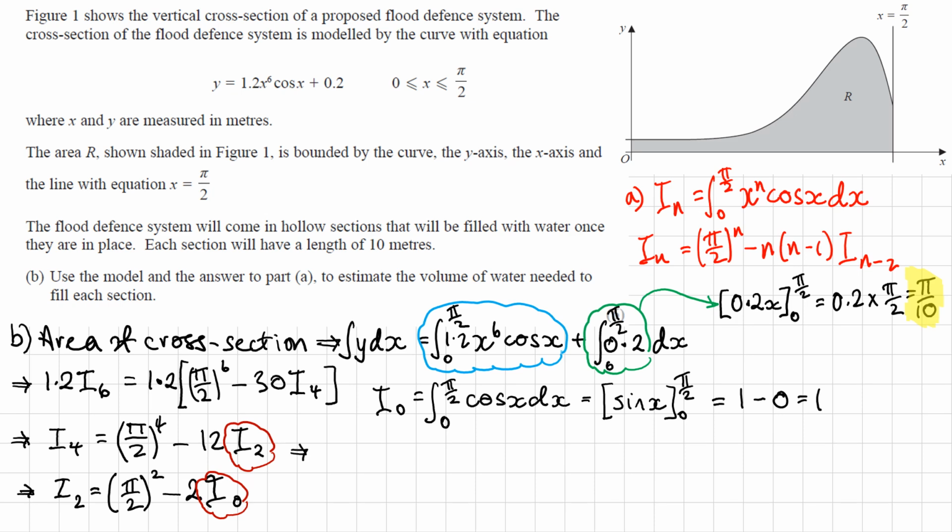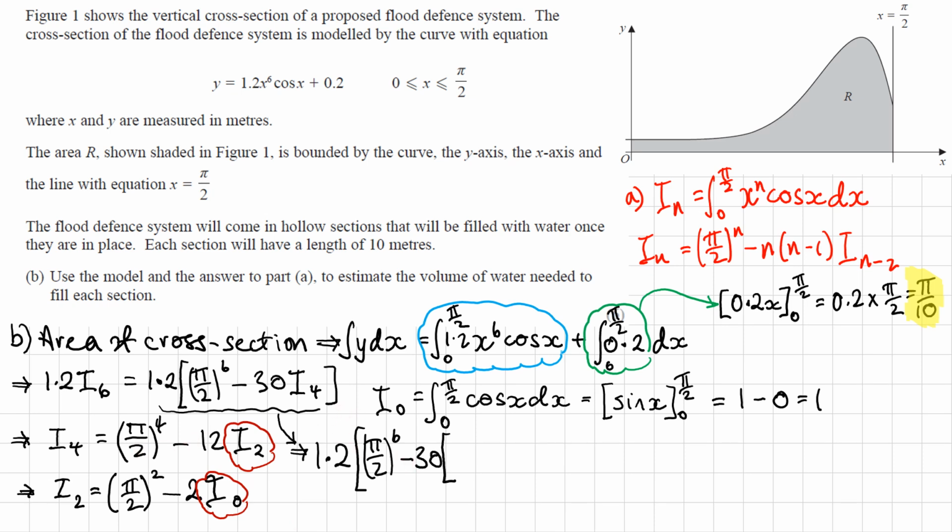Right, so let's put this all together now. So we're going back to this, so let me just draw an arrow. We're taking all these different parts together and seeing what we get. So we've got 1.2 times pi over 2 to the power 6 minus 30, I'm going to leave plenty of brackets here, I4, and what's I4?